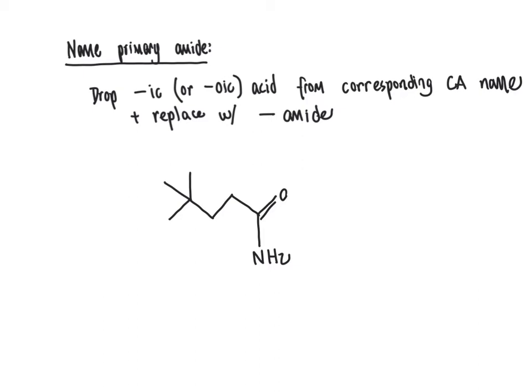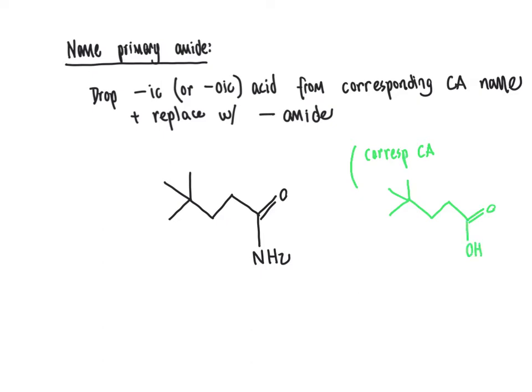And we recognize this straight away as a primary amide because we have an NH2 group here. There's no carbons directly bonded to this nitrogen other than the carbonyl. So this is a primary amide. And to name it, keeping in mind that the corresponding carboxylic acid would have that same length of carbon chain, like so, and the carbonyl group, rather than the nitrogen there, would have an OH group.